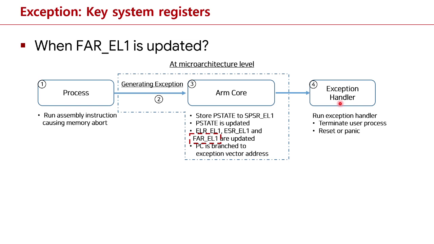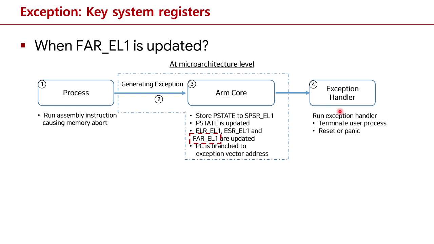In many cases, it terminates the user process if the exception occurs in the user space, or it may reset the entire system if the exception occurs in the kernel space. That is the typical scenario of the exception handler in Linux, the kernel.